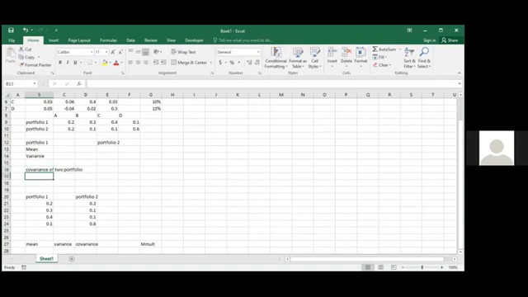Then if you like, you can calculate the correlation also. So separately, we have to calculate the mean value and the variance of each portfolio here.